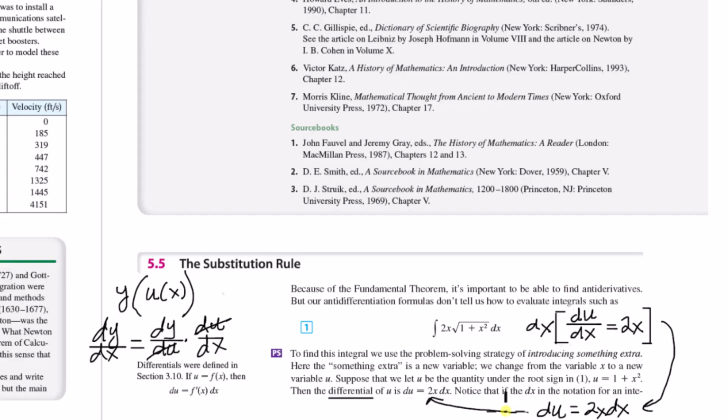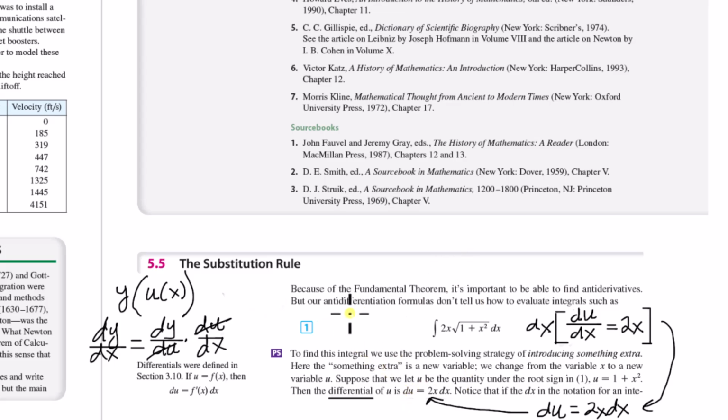Let's come back. They're saying that if the dx in the integral, this dx here, if you were to take that step and interpret it as a differential, then this du, this 2x dx, would occur here. And so you could substitute 1 plus x squared with u, and 2x dx with du.